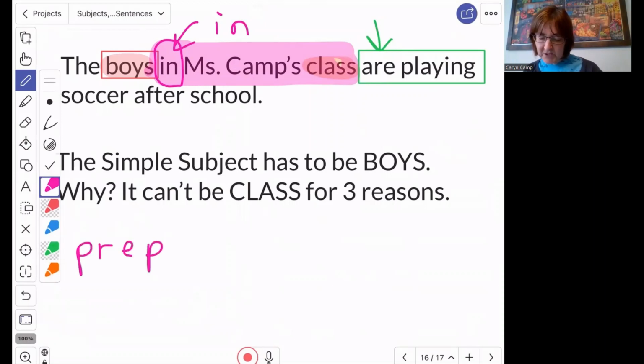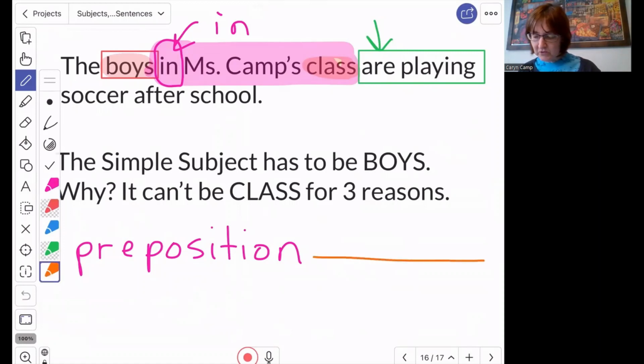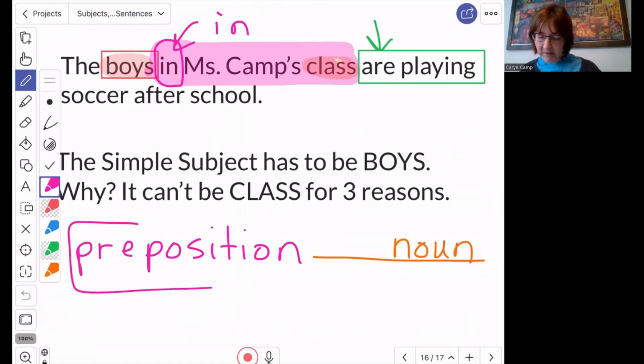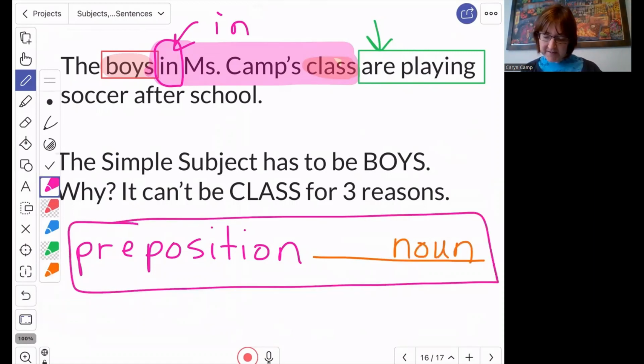It's called a preposition. And when we find a preposition, in, of, on, at, with, those are prepositions. There are many, many. But if we find one, we need to keep looking for a noun at the end of what we call a prepositional phrase.